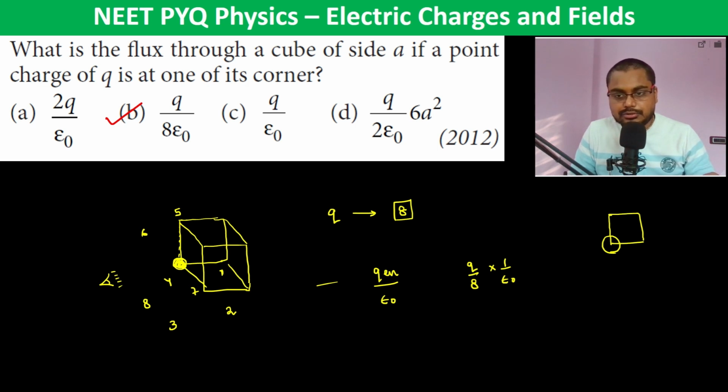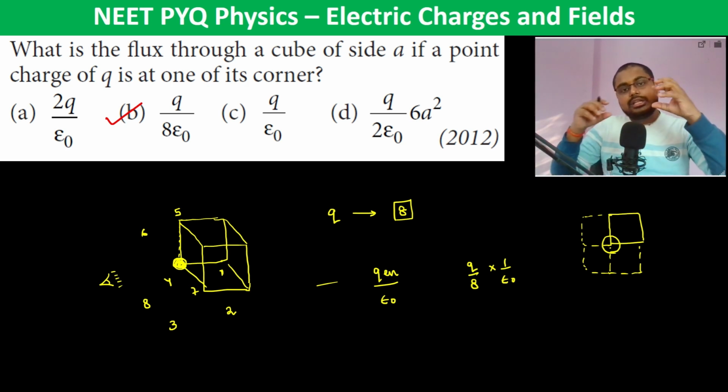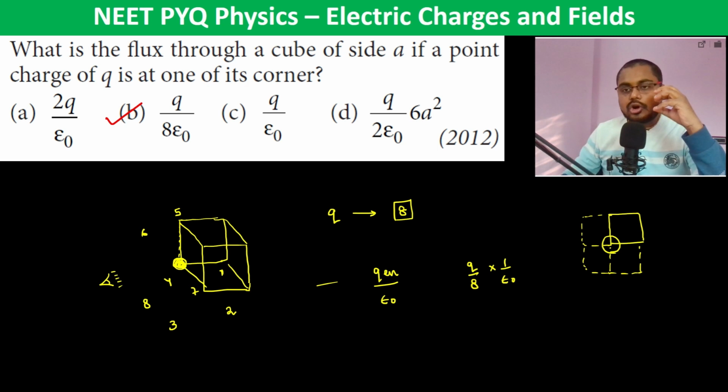Now we require 4 cubes, and still some part will be projected outside. So we require 8 cubes for this charge to get completely enclosed inside. Therefore since 8 cubes are required, 1 cube is having 1/8 of the charge.